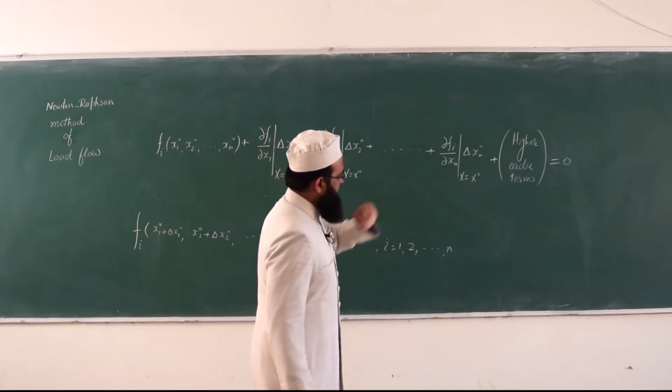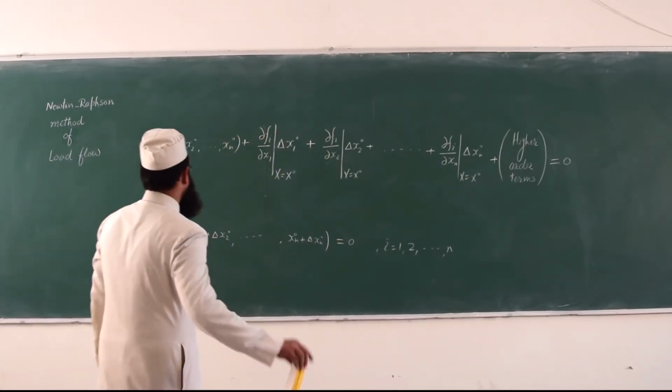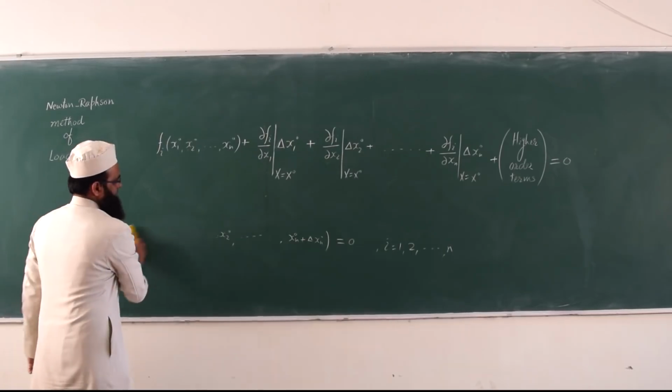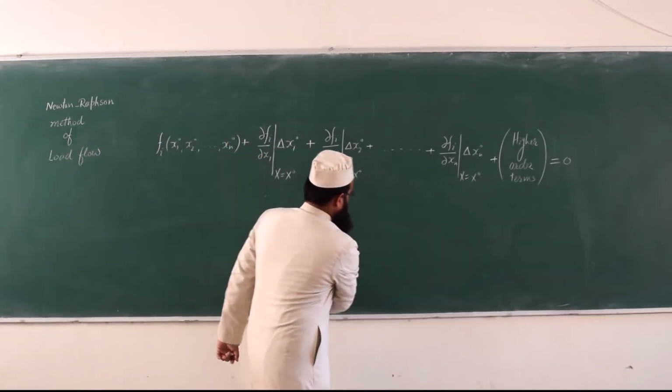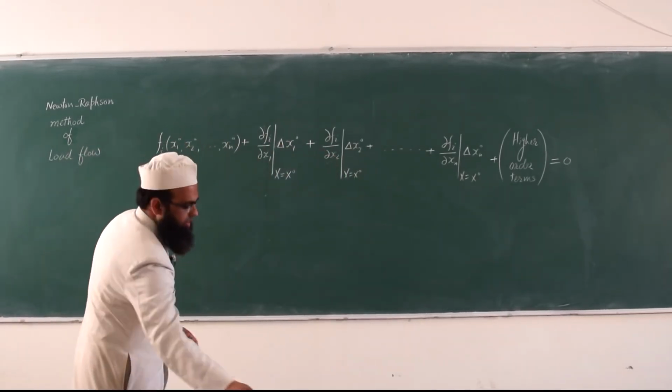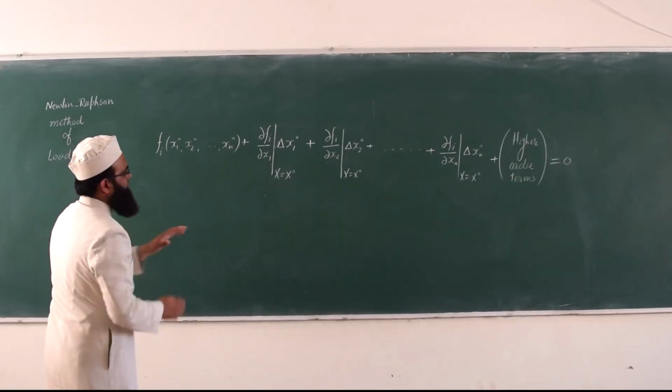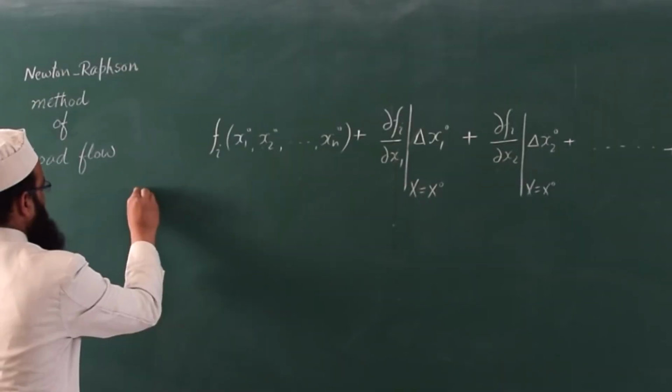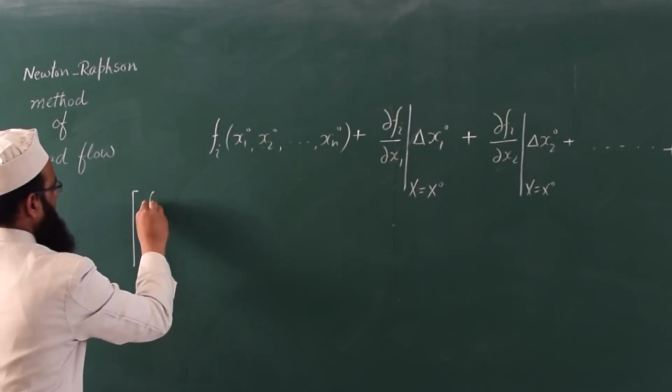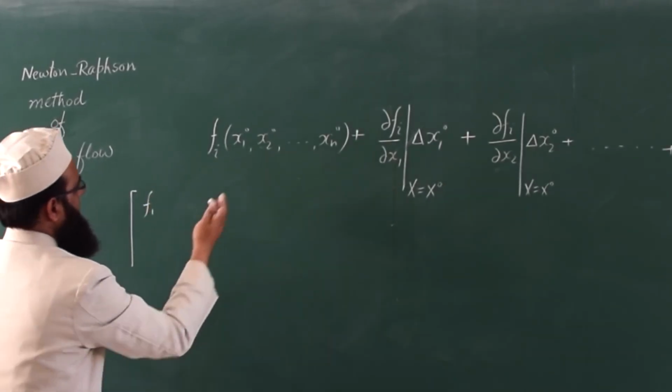Neglecting higher order terms, in matrix form, we can write, say, for i equal to 1, the first row.